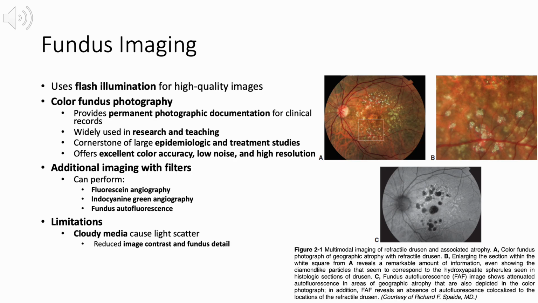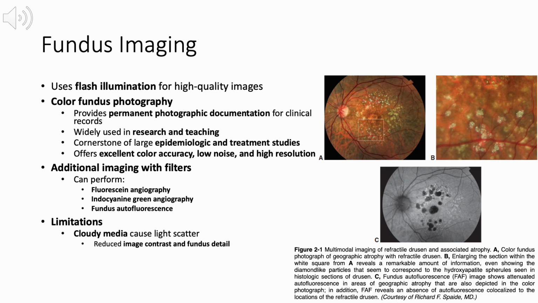Cloudy ocular media can cause increased light scatter, which reduces image contrast and obscures fine fundus detail, limiting image quality in certain patients. The accompanying figures illustrate the value of multimodal fundus imaging. Panel A shows a color fundus photograph demonstrating geographic atrophy with refractile drusen, with a white box highlighting an area of interest.